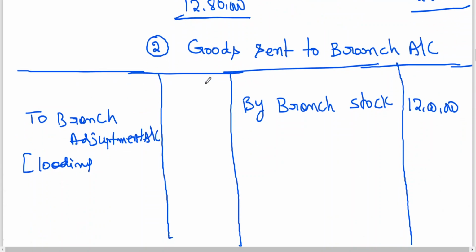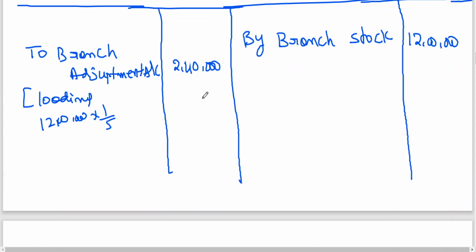Loading: I've already given 1 by 4th is 1 by 5. 12 lakhs into 1 by 5, you're getting 2 lakh 40,000. Now the difference is transferred to, as I told you, purchase account or trading account.